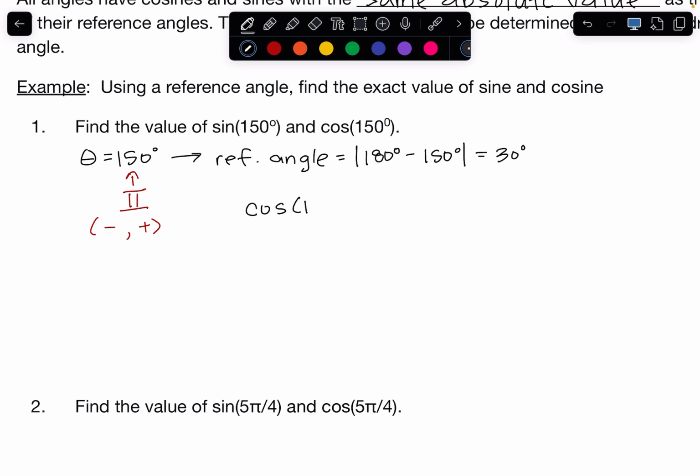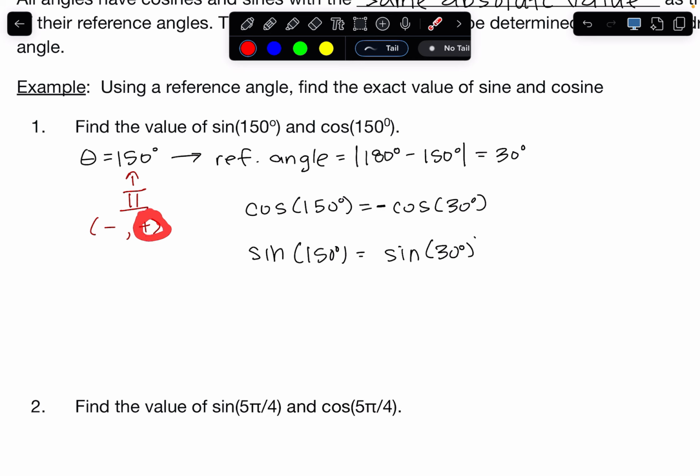So cosine of 150 degrees should be the same as cosine of 30, except that it's going to be negative because it sits in quadrant 2. I know sine of 150 should be sine of 30, because 30 is its reference angle.